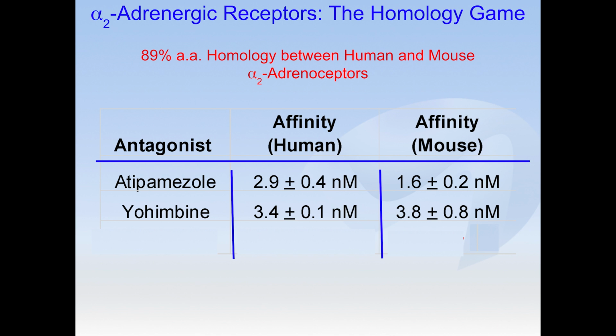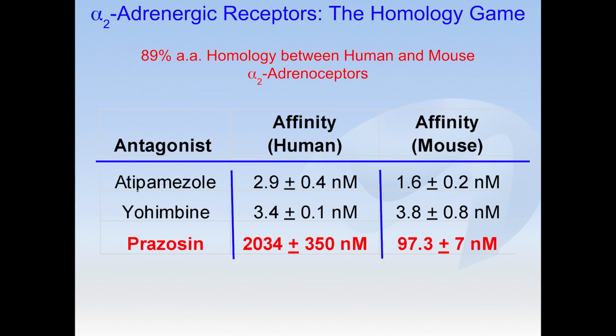However, what can possibly happen, and frequently does happen, is shown in the next slide. Inevitably, for example, we've come upon a compound, prazosin, that clearly shows that there is a serious deviation between these receptors.